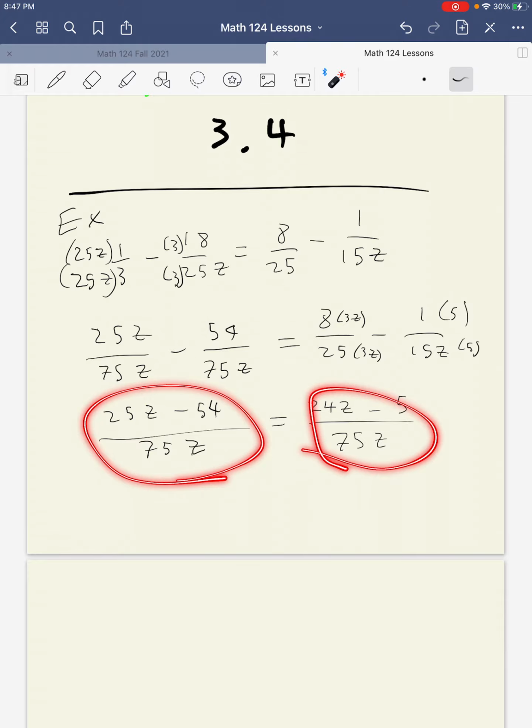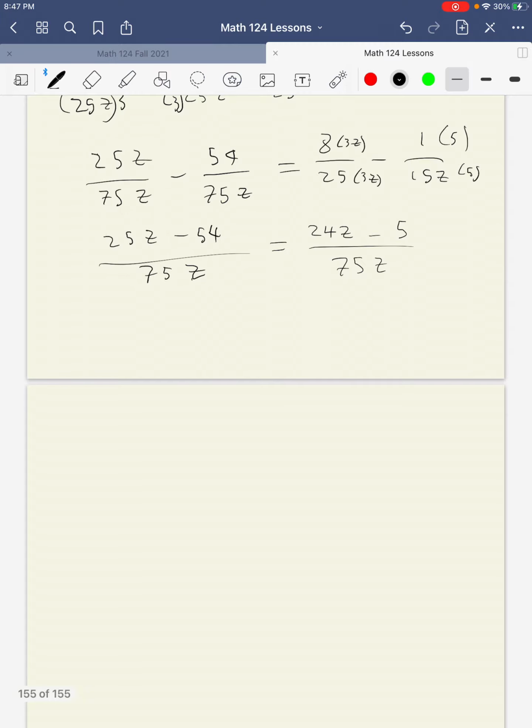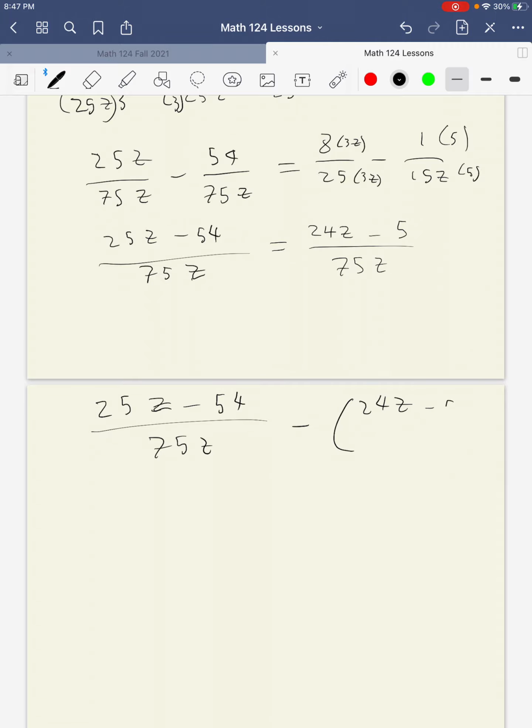So now that these terms have a common denominator, I can put them on the same side of the equal sign. So we have 25z minus 54 over 75z, and I could subtract the other term to the same side here. I just put everything on one side of the equal sign.